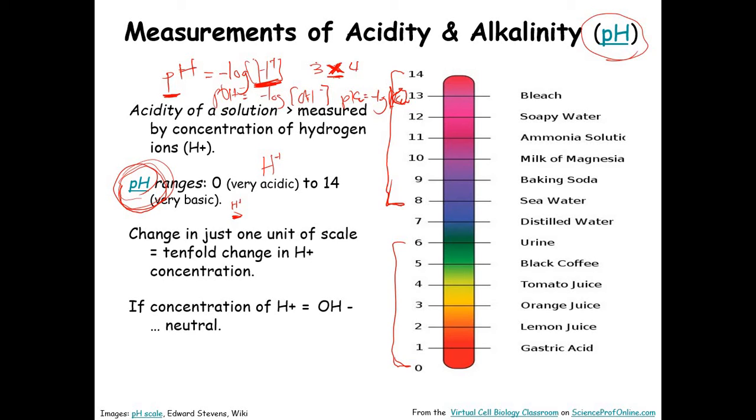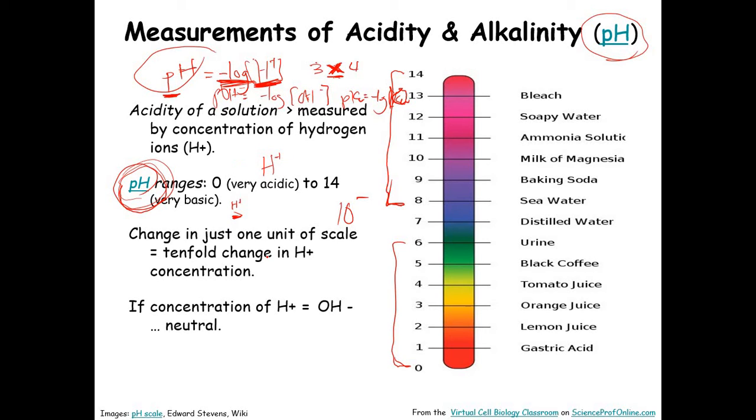Now, another thing that you need to note about this pH measurement is that it is a log function. Remember that a log function is to the base 10. It's 10 raised to the power of something, right? That's the logarithmic function. That is what log means.